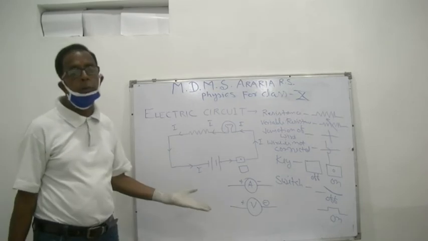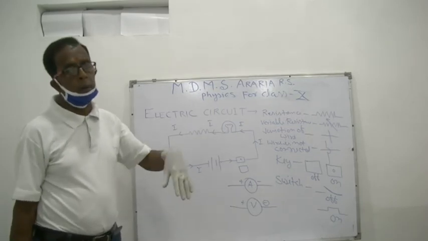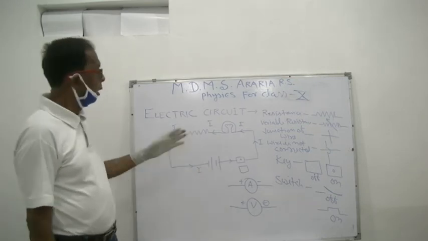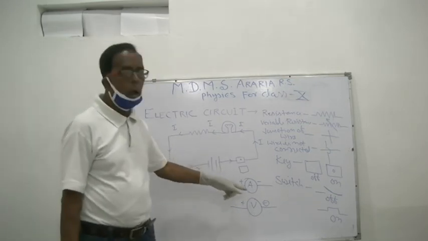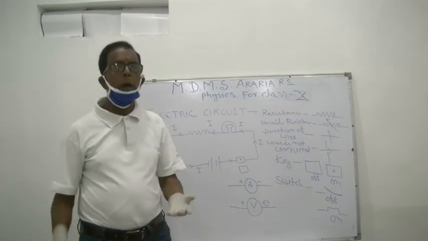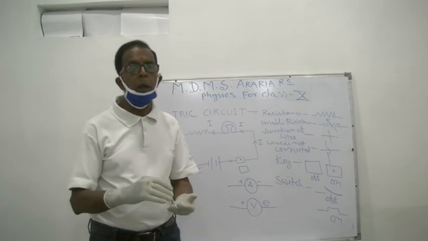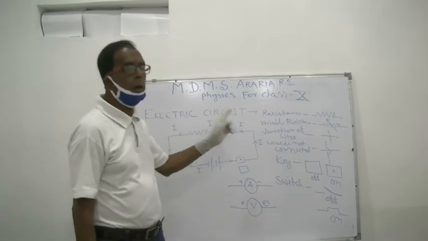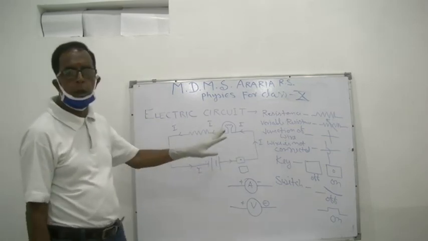Then what is a voltmeter and what is an ammeter? This question comes to your mind. To learn about the ammeter: an ammeter is a simple device by which we measure the current flowing through a circuit or conductor.